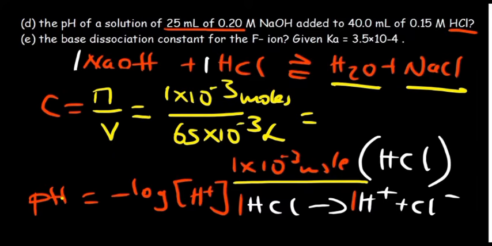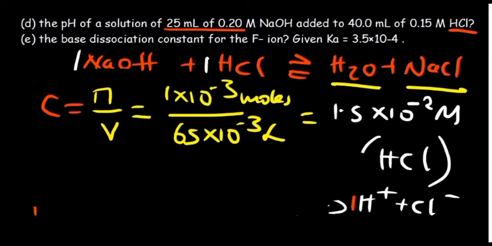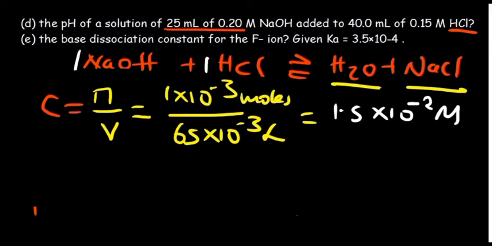So what do we have in scientific notation? What we have as our concentration is 1.25 by 10 to the power negative 2 molar concentration of the HCl. That is how much was in excess. So our pH is going to be dependent on that. It's going to be the negative log of that.